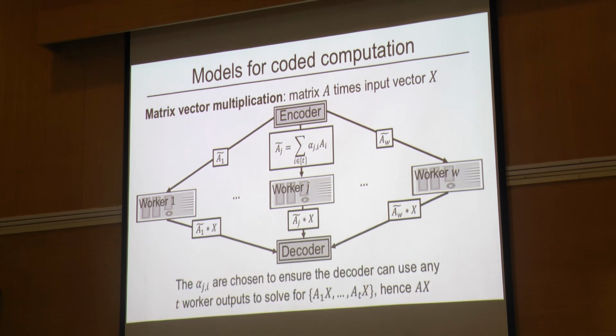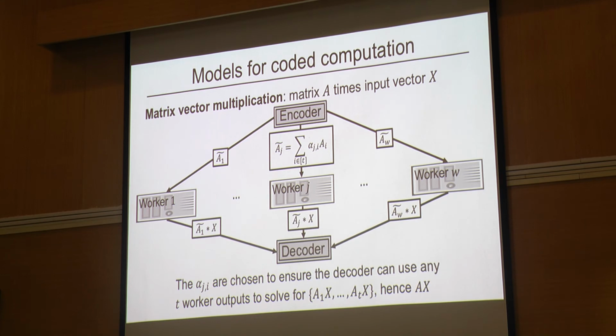So the decoder then decodes, and the coefficients for the linear combination, that is the alphas, are chosen such that you can decode a1x to atx. So basically, any t worker outputs should help you get this back, similar to how it works in storage.